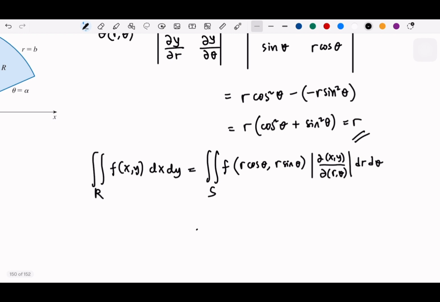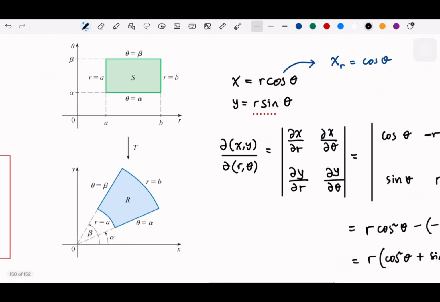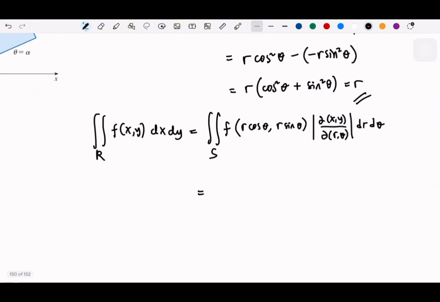And from our assumption here, theta will be from alpha to beta, and r will be from a to b, and this will be f of r cosine theta, r sine theta, and the Jacobian is r dr d theta.